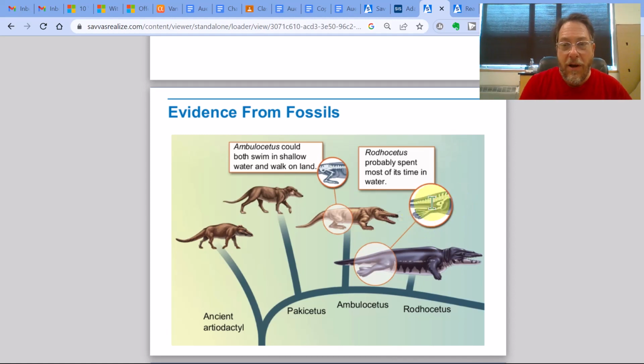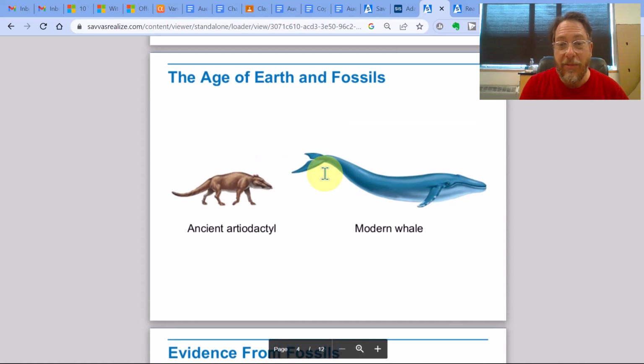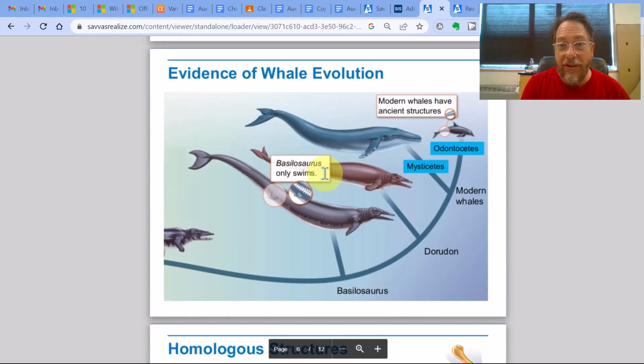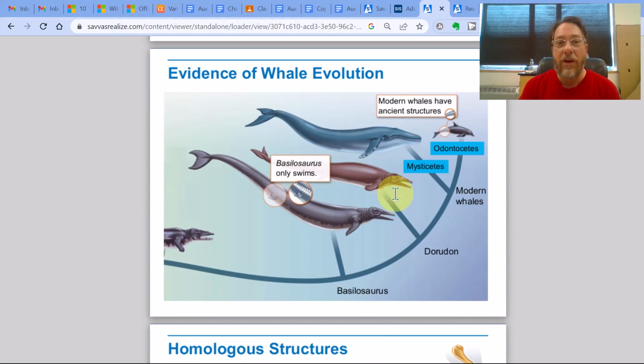But you can see that it had a hip, which is how we discovered, because whales have a hip also, which they don't need. And so you can see it here. It's this little thing down at the bottom of this inset picture that shows how the whales used to have a hip, but now they don't.